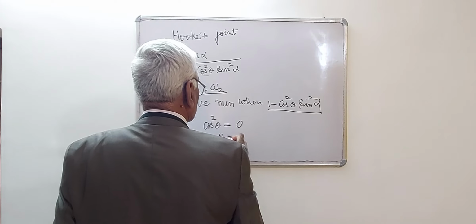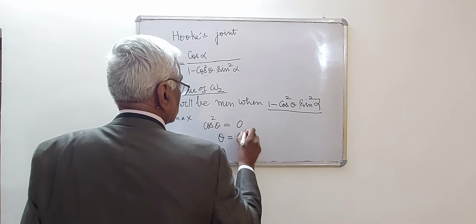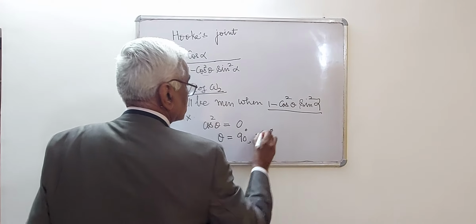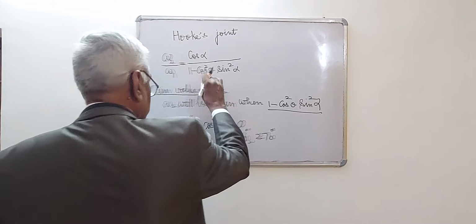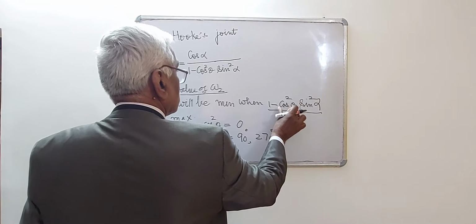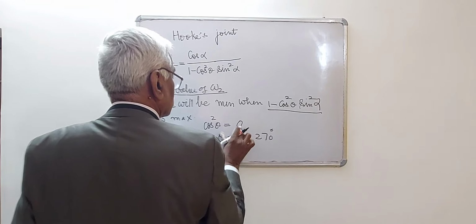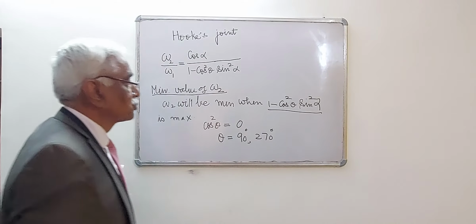It means theta is equal to 90 degree or 270 degree. The value of omega 2 will be minimum when the denominator is maximum, and this is so only when this term is 0, that is cos 90 is equal to 0, or cos 270 is also 0.